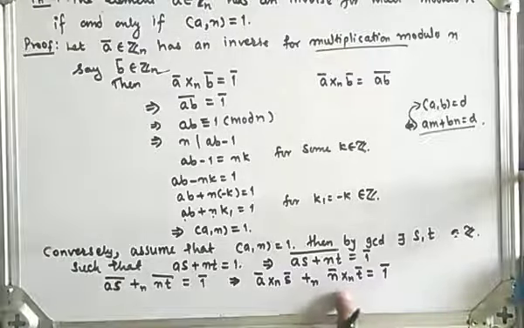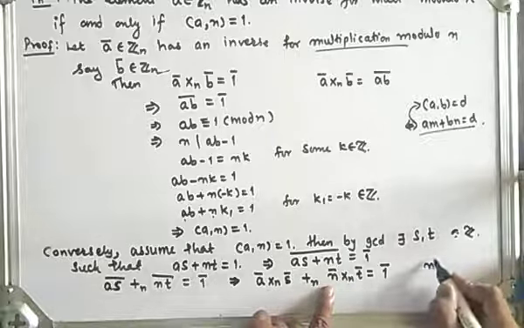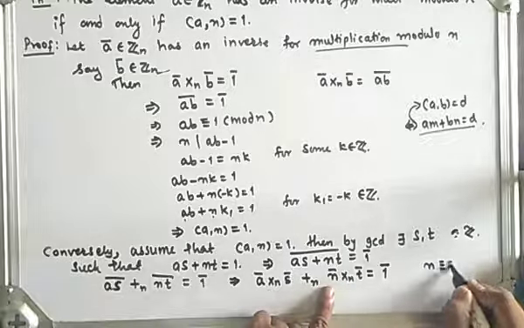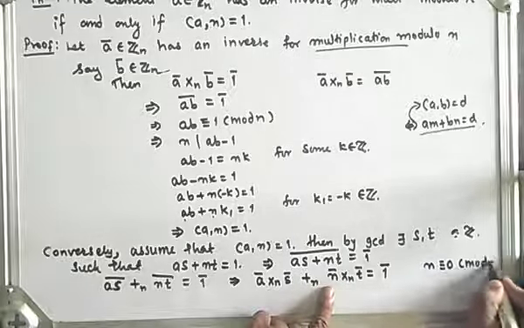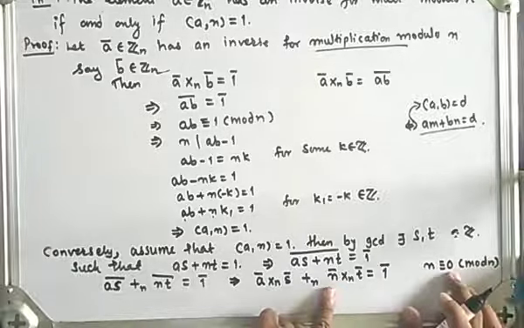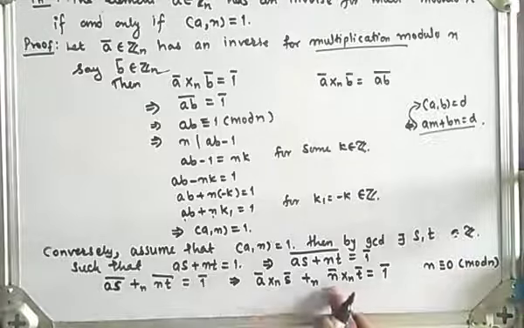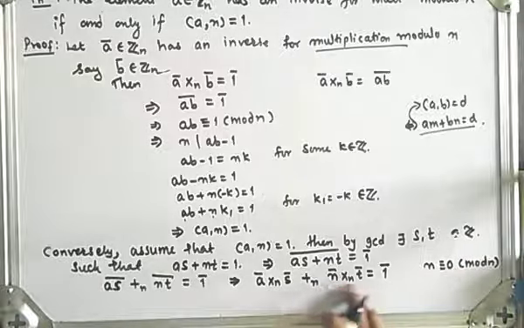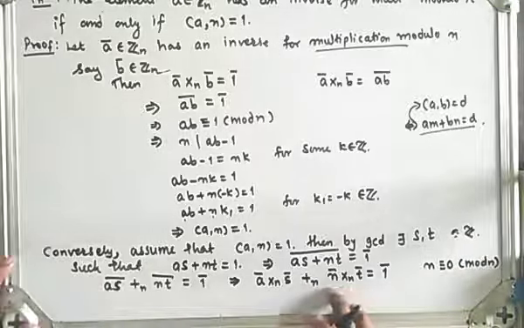But if I apply the modulo n property, we know that n is always congruent to 0 modulo n. It means if we divide n by n, the remainder will be 0. So n bar is 0.